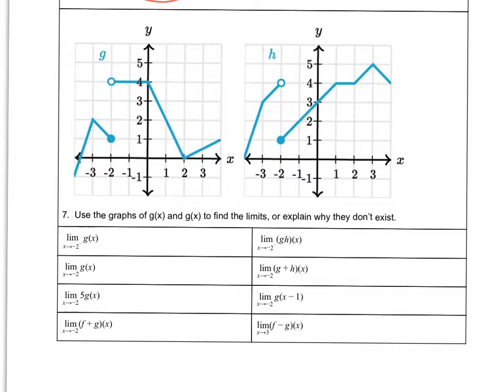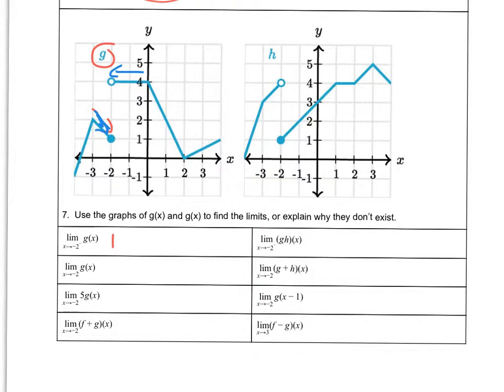For the first part, we're looking at g of x. Okay, that's over here. And x approaches -2 from the left. So from the left side of -2, we're approaching a height of 1. X approaches -2 overall, so I've got to look at both sides, and cool, one's approaching 1 and one's approaching 4.